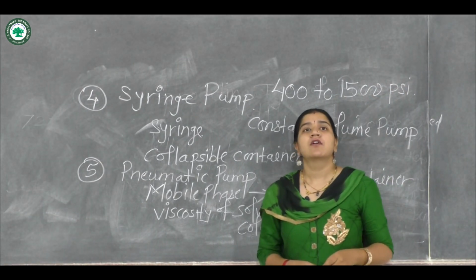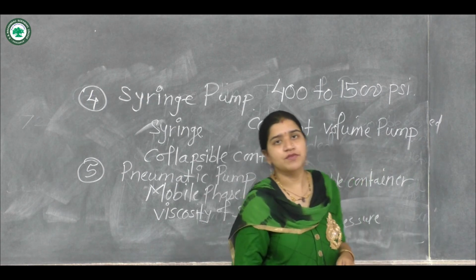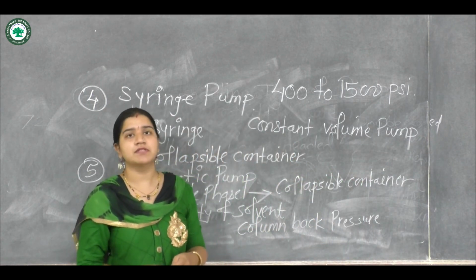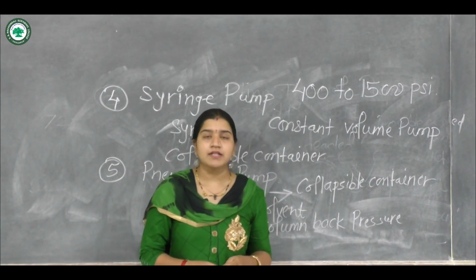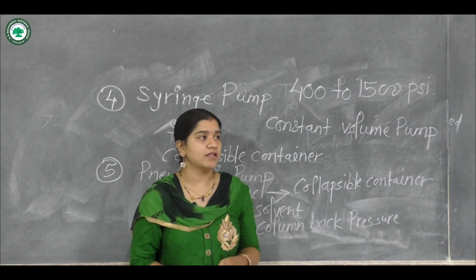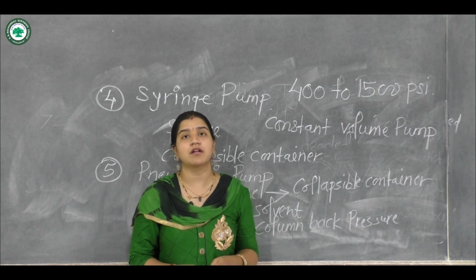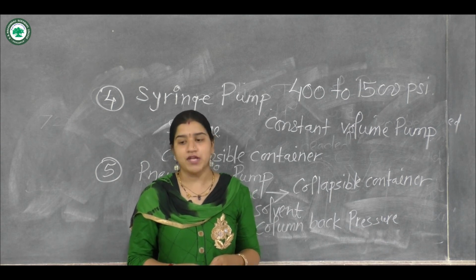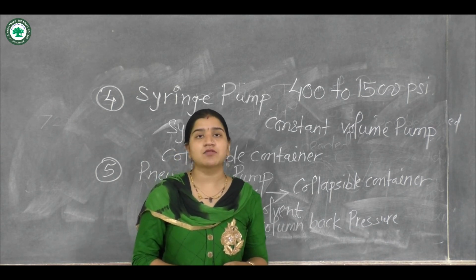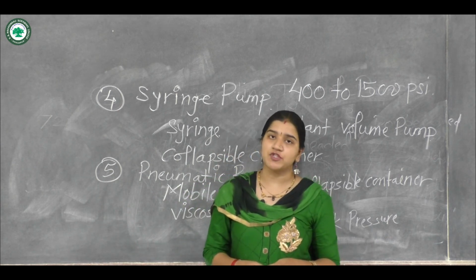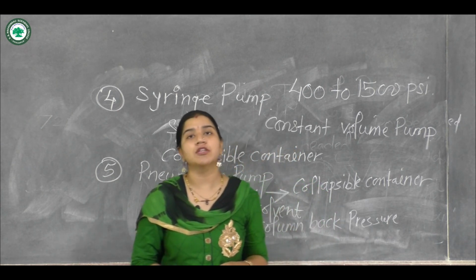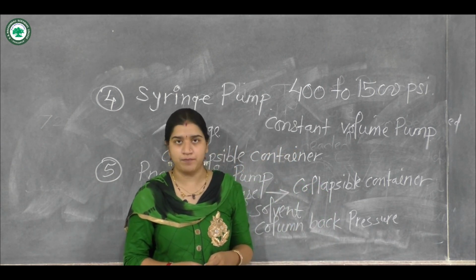This is the pressure range in which all types of pumps can work. In a nutshell, the pumping system is the most important and crucial part of HPLC. The advanced chromatographic technique of HPLC is developed on the basis of the high pressure pump.